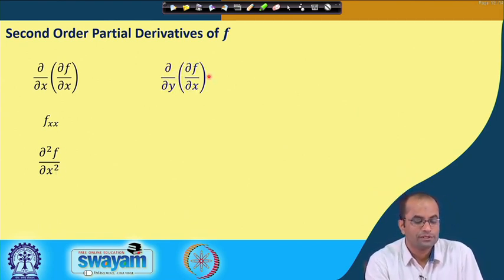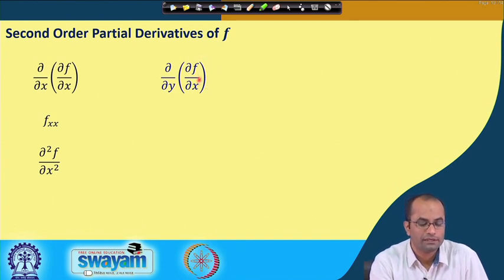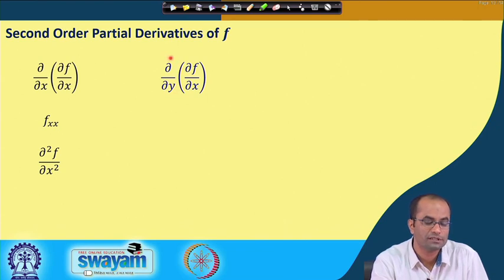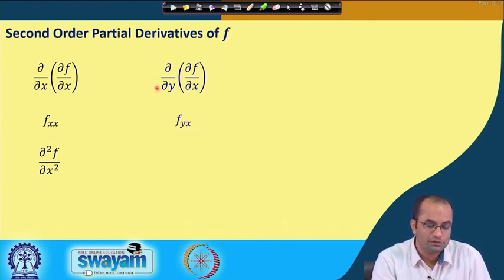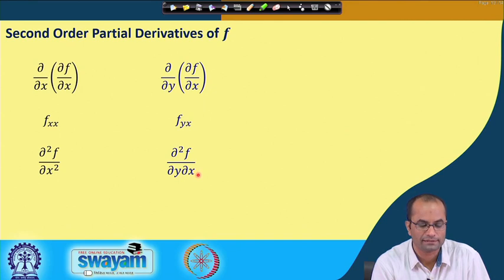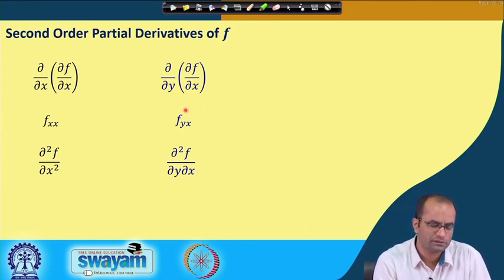Similarly, we have the notation when we take the partial derivative with respect to x and then we take the partial derivative with respect to y. In this case we use this notation f y x or del 2 f over del y del x. In some literature people use this as f x y or some other way around, del x del y.